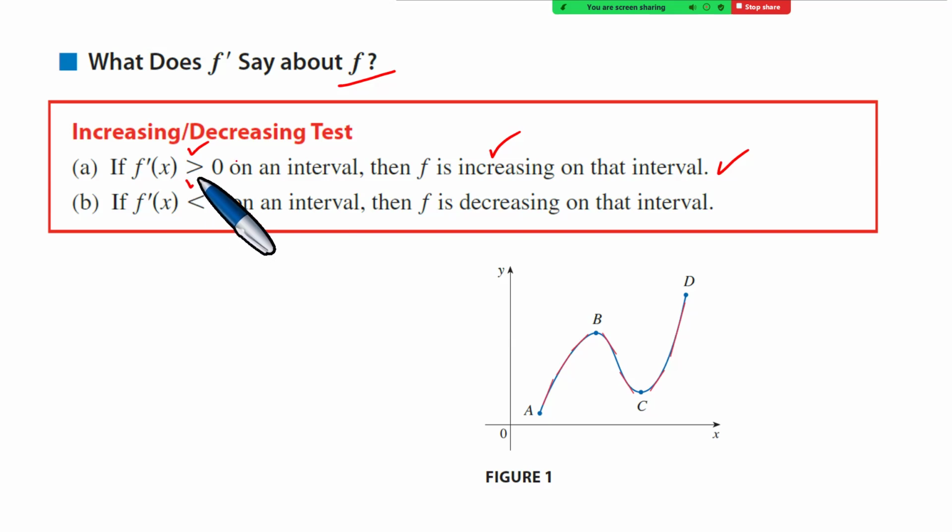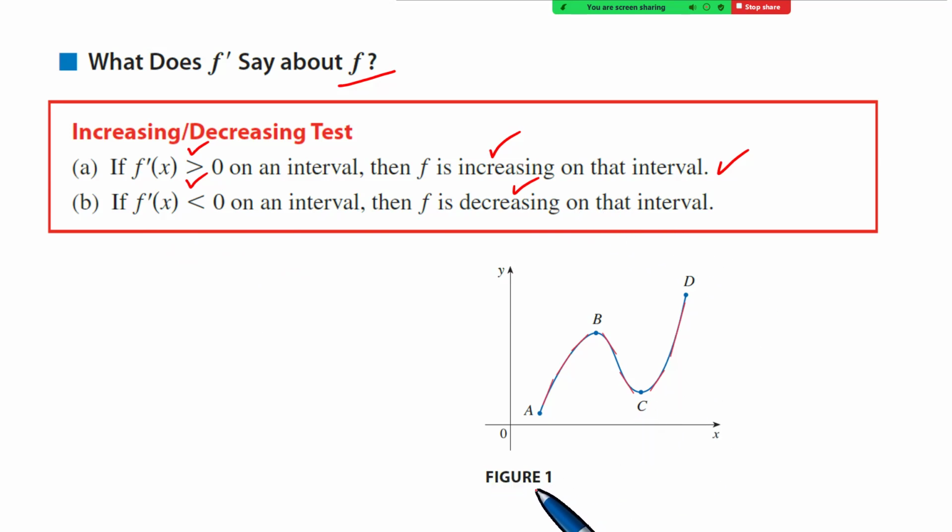What happens if the derivative is negative? If f prime of x is negative, less than 0 on an interval, then f is decreasing on that interval.